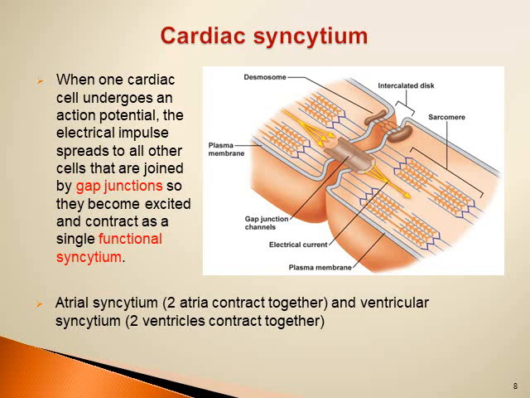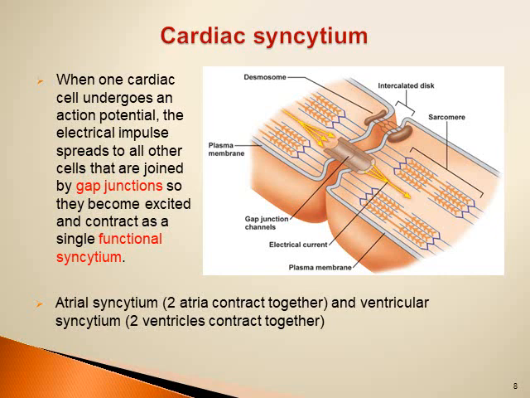The heart is a good example of functional syncytium, where the muscle fibers retain their own plasma membrane, but their cytosols are connected with each other via the gap junctions that are present in the intercalated disc.